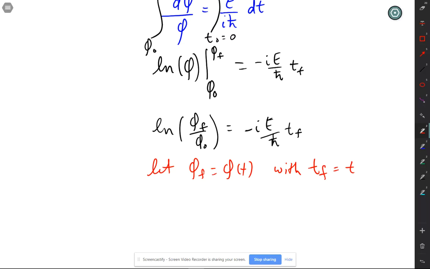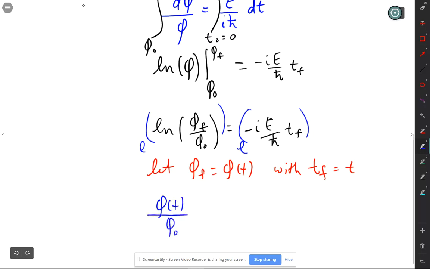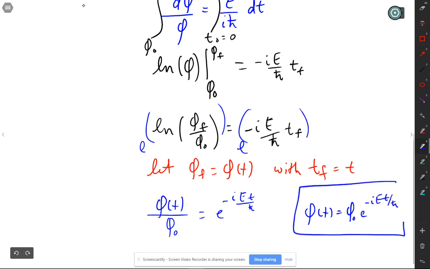And so I take the exponential of both sides here, and I'm going to have phi of t divided by phi 0 is equal to e to the minus i E t over h bar, or phi of t is equal to phi 0 e to the minus i E t over h bar. That is our time-dependent solution.